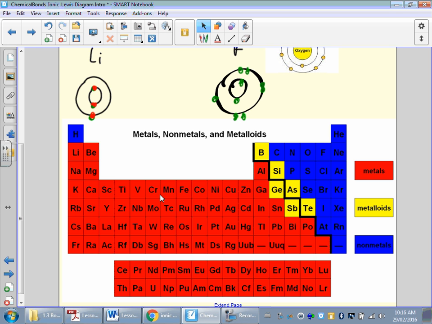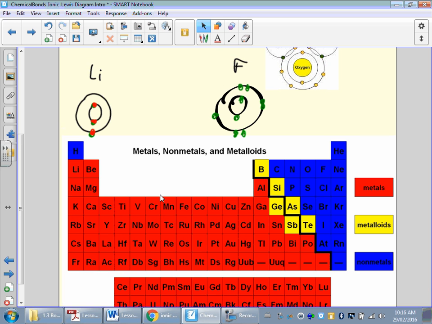If we look at one of the metals, lithium, a highly reactive metal in the alkali metal group, lithium has 3 electrons, and we can see that it has just one valence electron, right on the outside shell. Lithium is very close to having a full outer shell. If we can peel off that outside electron, it will be left with the inside shell, which is full.